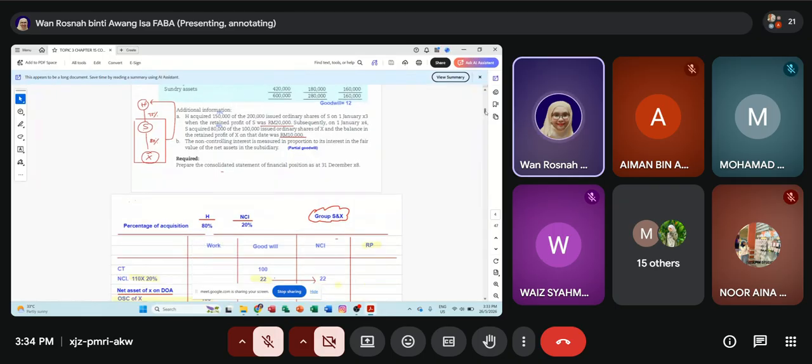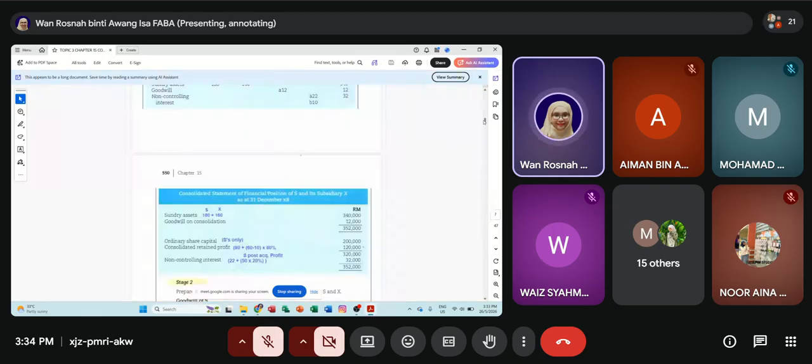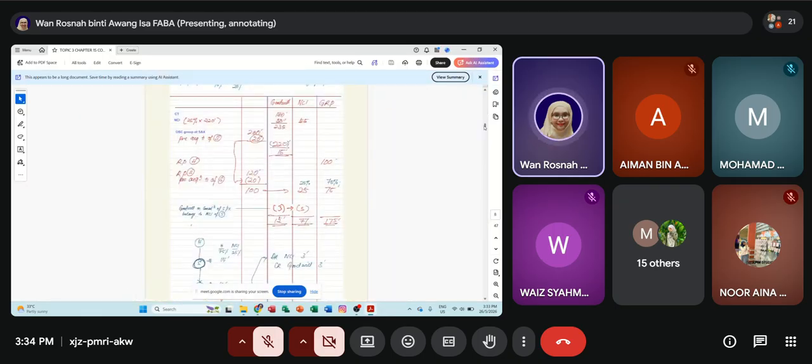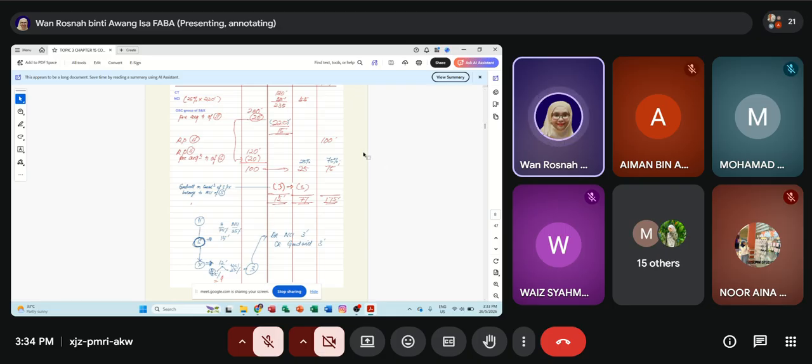Sometimes online susahkan kita nak buat calculation, so I can just display. Alright, then retained profit of S 120. You have to less the pre-acquisition of S, 20, so you have 100,000 as the post-acquisition retained profit. Okay, and it must be shared between the NCI portion and the group portion.